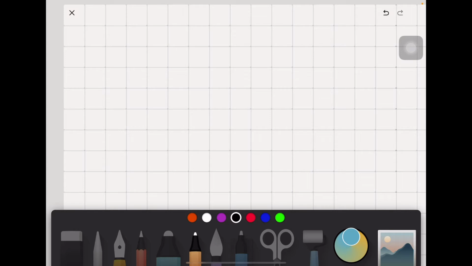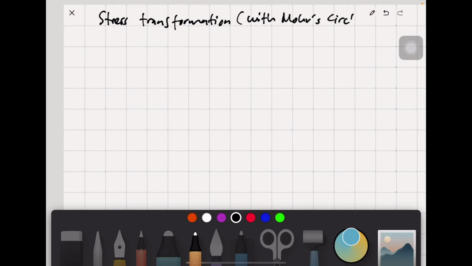So, continuing, we are still under stress transformation, but now with the Mohr circle. I'm going to give you two examples.